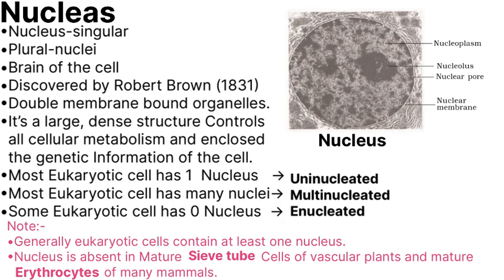And similarly, in the flowering plants, the sieve tube cells of the phloem, which are involved in the conduction of food, also lose their nuclei at the time of maturity. So the number of nuclei also varies, correct? There are also some multinucleated conditions seen in the flowering plants, but remember, more than one nucleus may be present in the lower organisms usually.